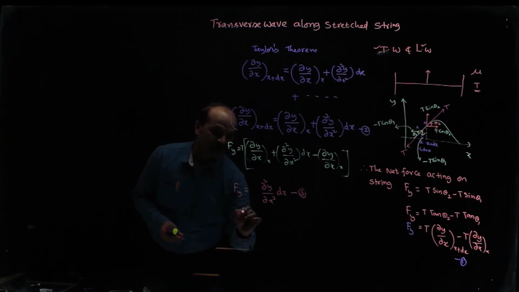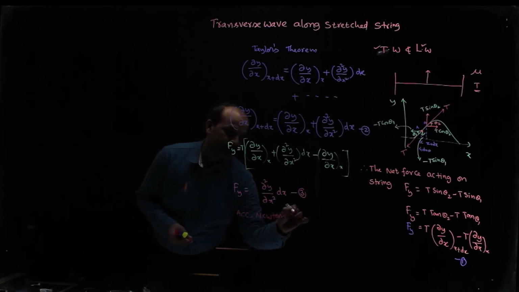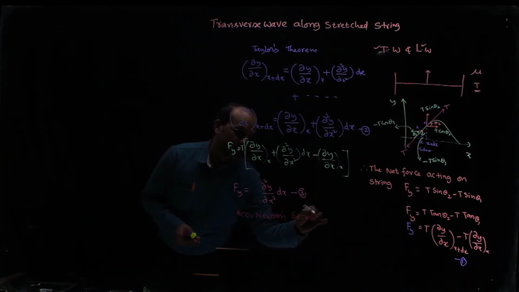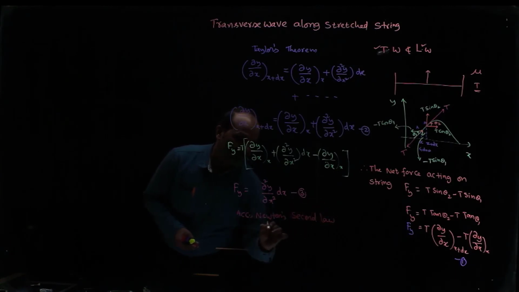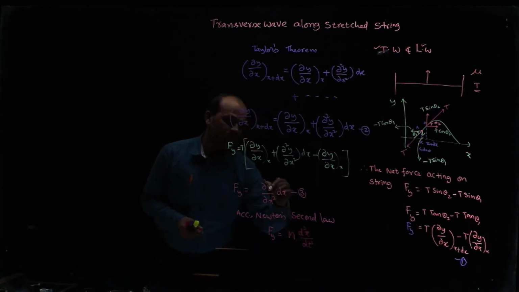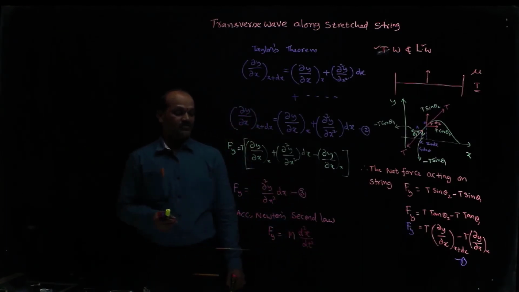According to Newton's second law, the net force acting on any system is mass into d square x by dt square. You can use dou square x by dou t square also.